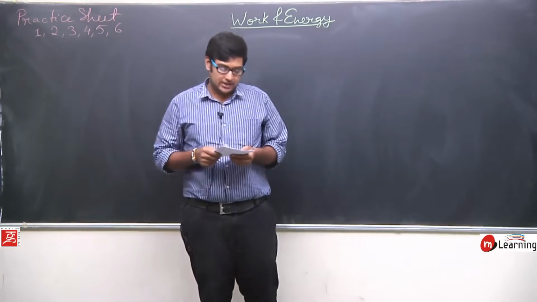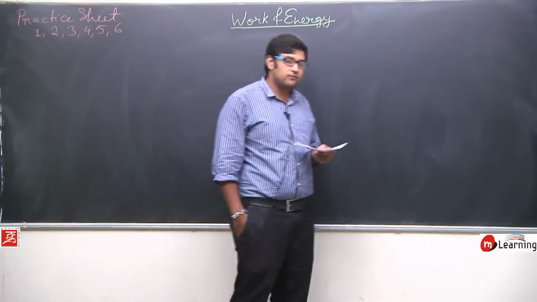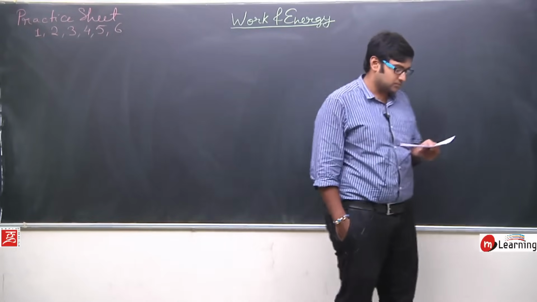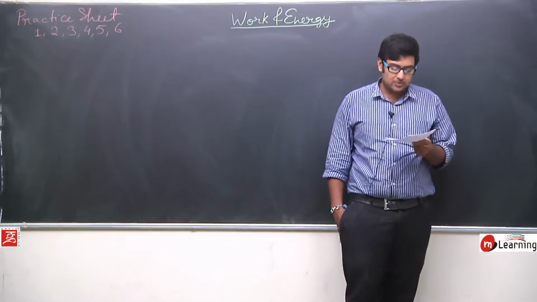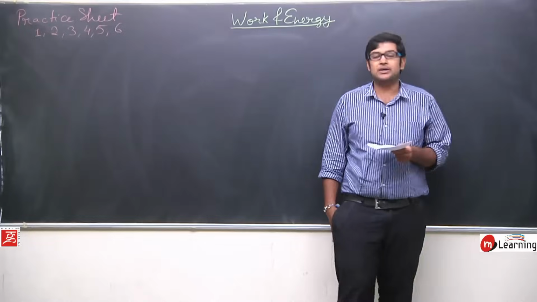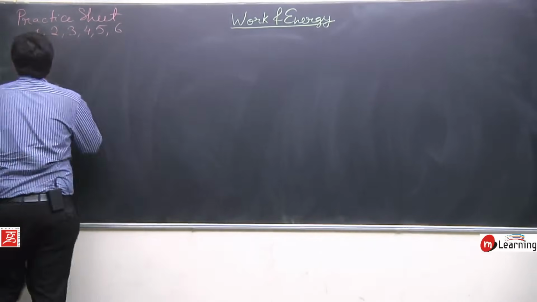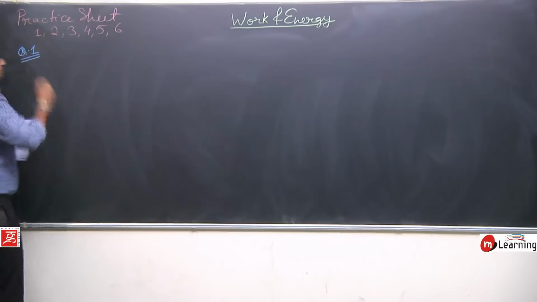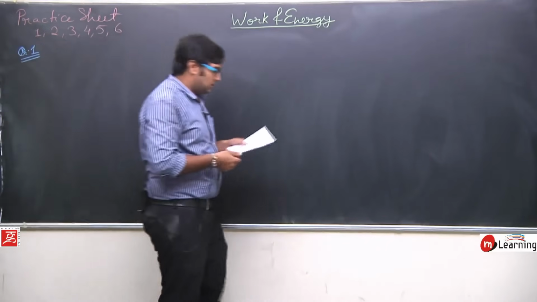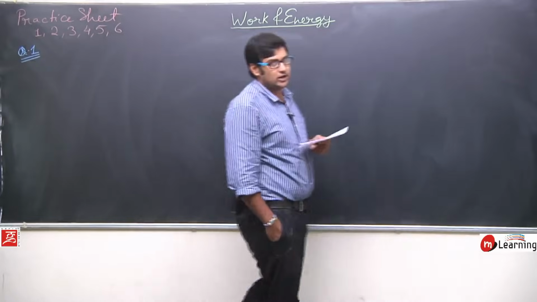The first question says, Rahul pushes a book by applying a force of 40 newtons. Find the work done by this force if the book is displaced by 25 centimeters along the path. So there is a person, Rahul, who pushes a book by applying a force of 40 newtons.